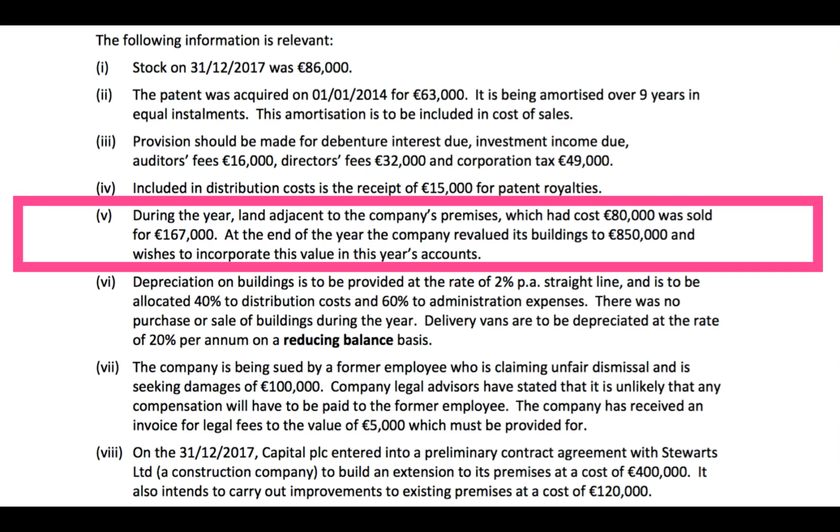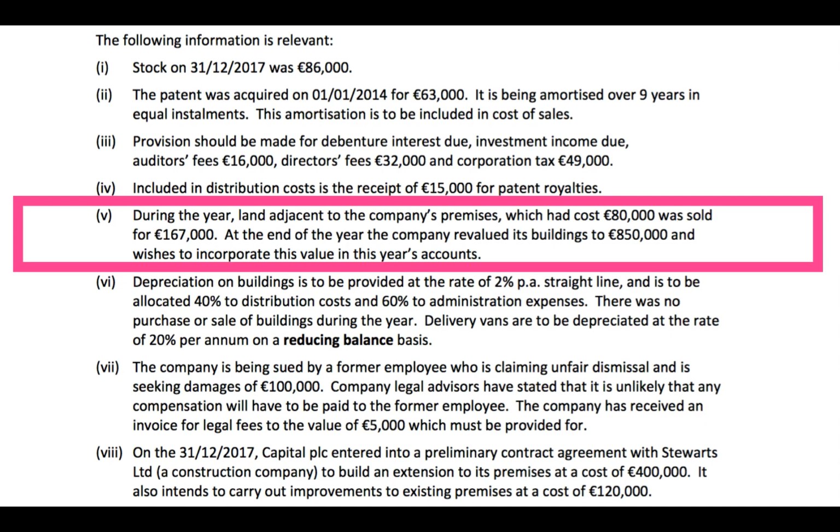During the year, land adjacent to the company's premises, which had cost €80,000, was sold for €167,000. At the end of the year, the company revalued its buildings to €850,000 and wishes to incorporate this value in this year's accounts. Okay, so during the year, land adjacent, which had cost 80,000, was sold for 167,000.